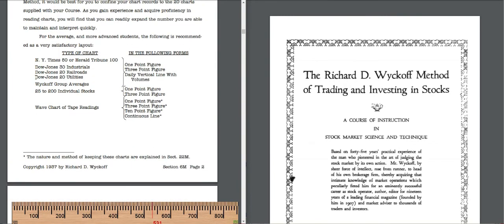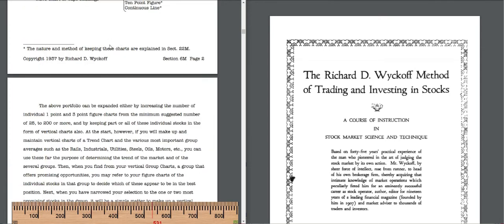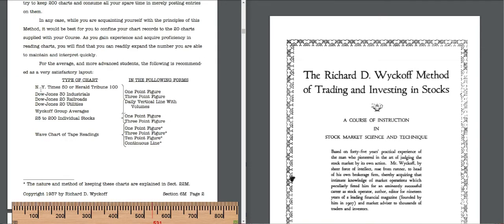So what do you want to do? For the average and more advanced students, the following is recommended as a starting point. What's for the average student? Type of chart: you use the SPY right here as your index. Then you can use all of these.